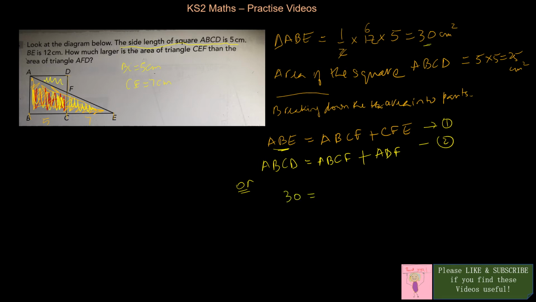So 30 equals ABCF plus CFE, and ABCD equals 25 equals ABCF plus ADF, or AFD as in the question.